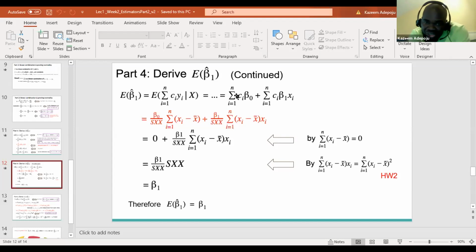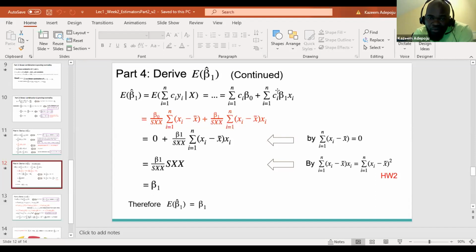the summation Ci is more or less the summation of x minus x bar divided by Sxx.